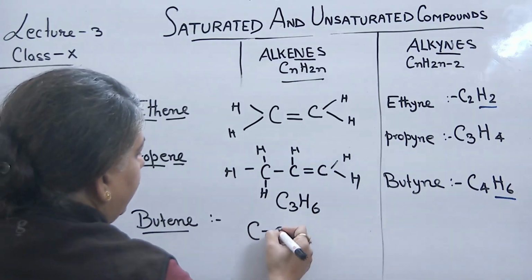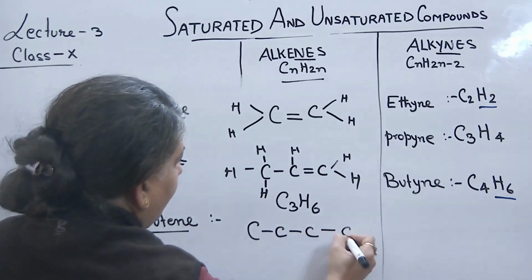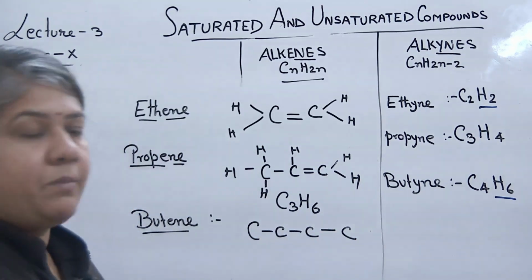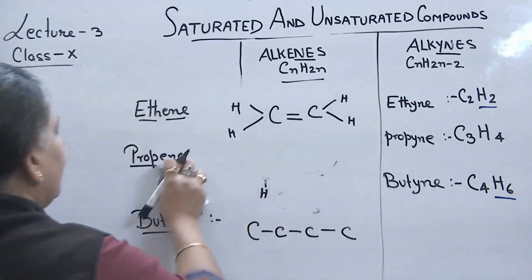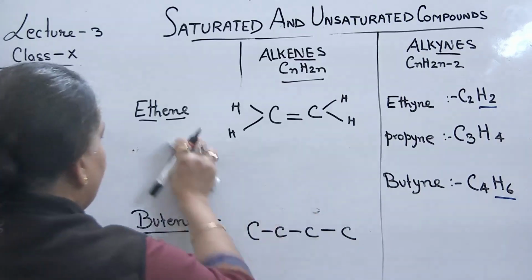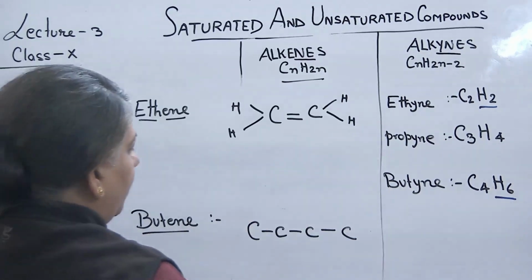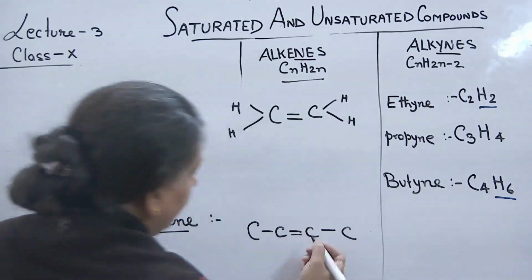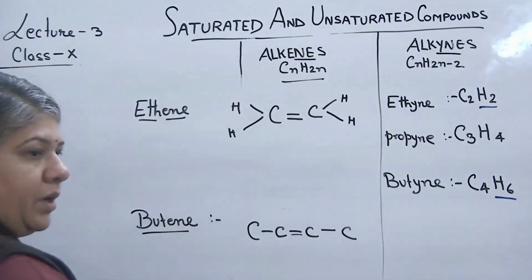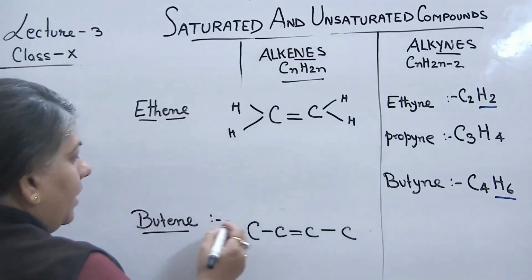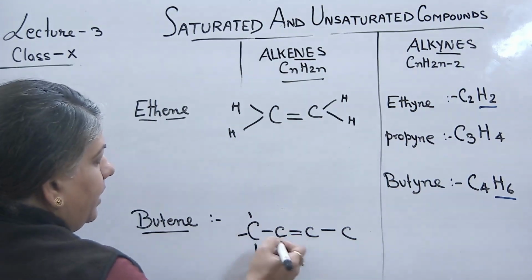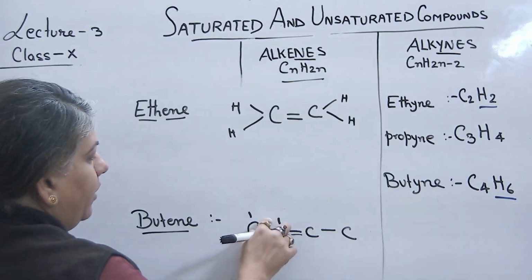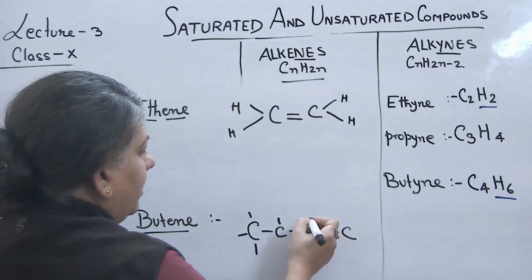But again the word says the compound will have 4 carbons. And you put a double bond wherever you want. You can put it here, you can put it here. Okay. Now let's complete the tetravalency of carbon. 4, then here 1, 2, 3, 4, 1, 2, 3, then 1.